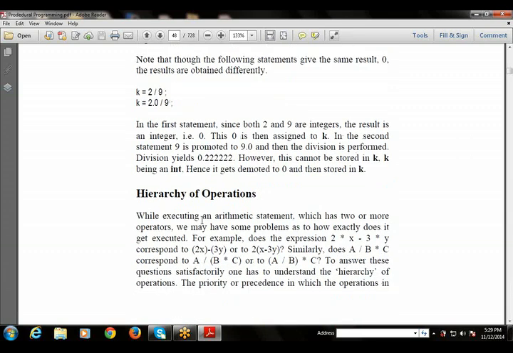Now, this is the most important part, the hierarchy of operations or operators. That is, how these different operations are performed, the levels of operations.